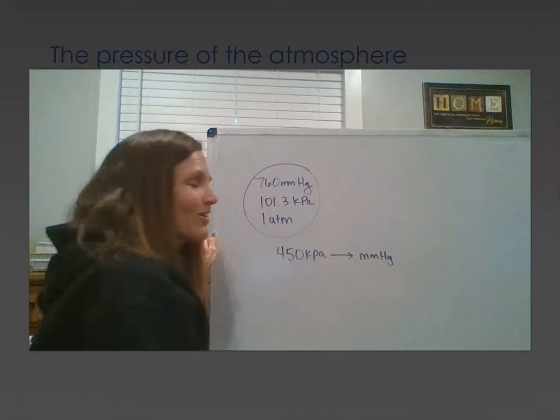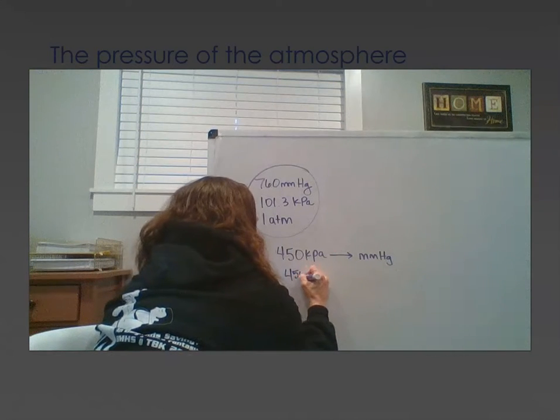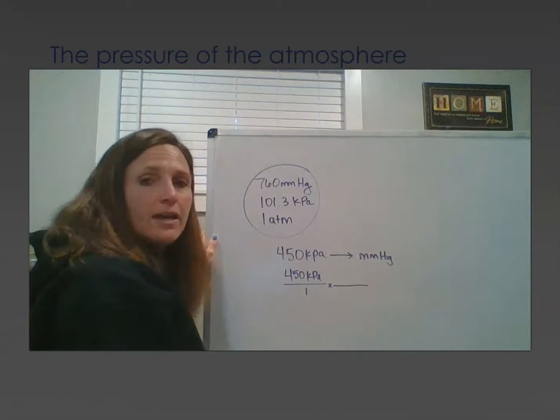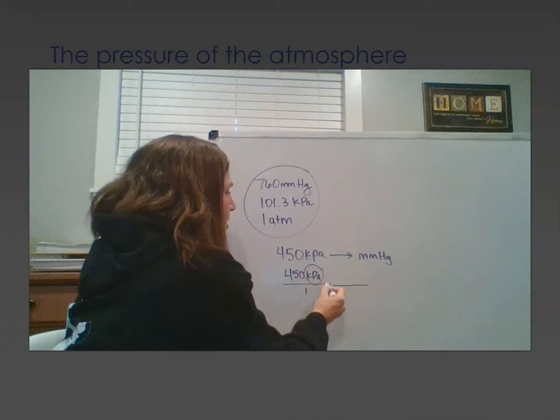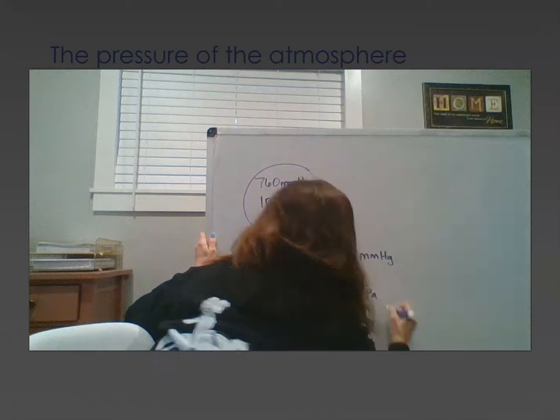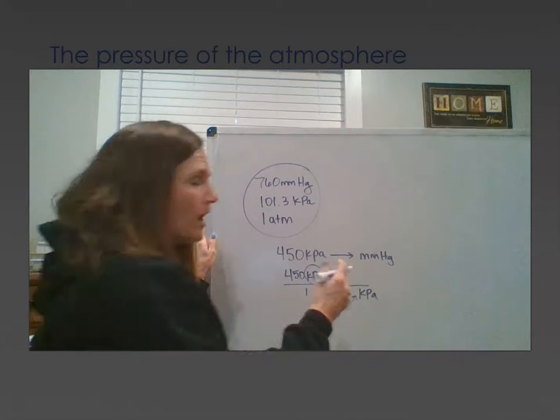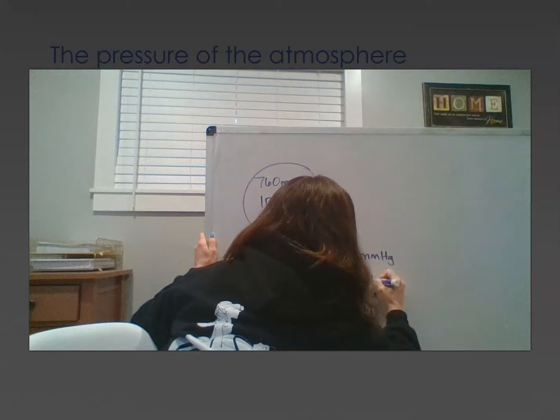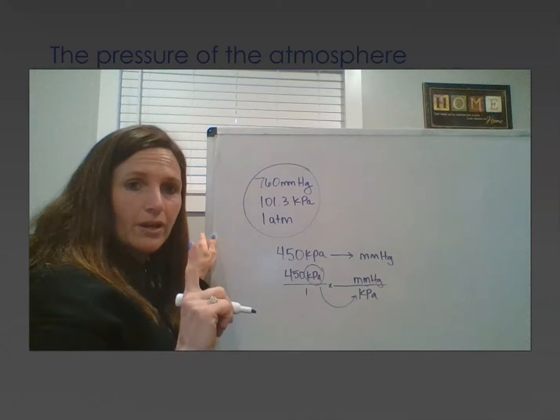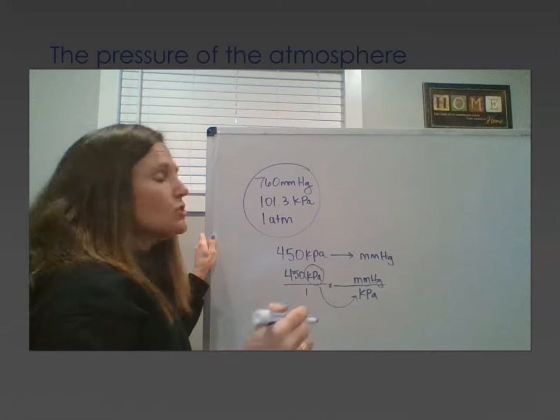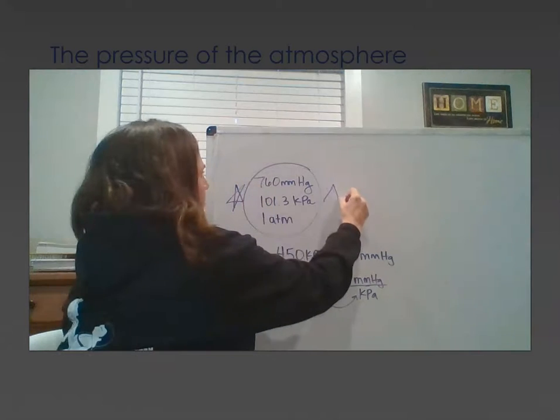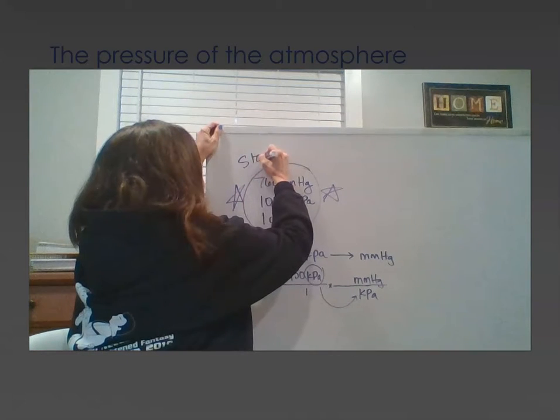Yay, conversion factors. So I start with 450 kPa as a fraction over 1. Now kPa, just like always, is going to move down to the bottom of this fraction, and what I want is going to go on top. Here's the great news: pressure conversions are only ever 1 step. There's no 4 steps or anything crazy.